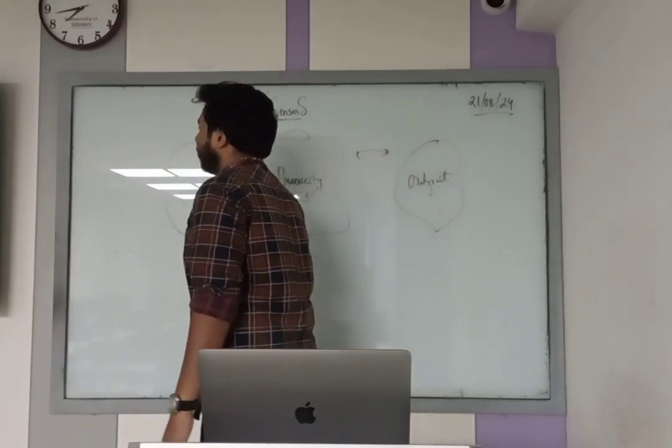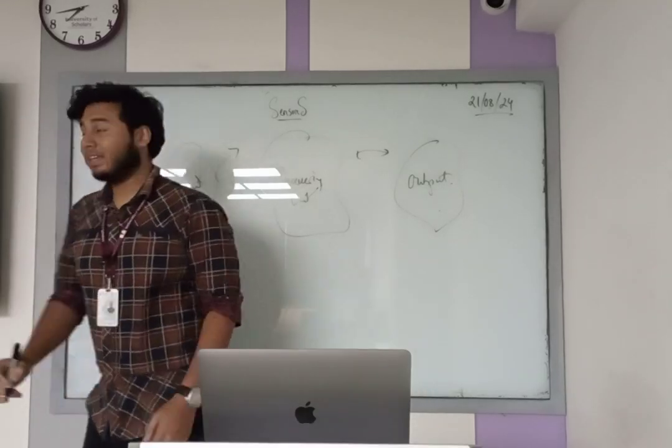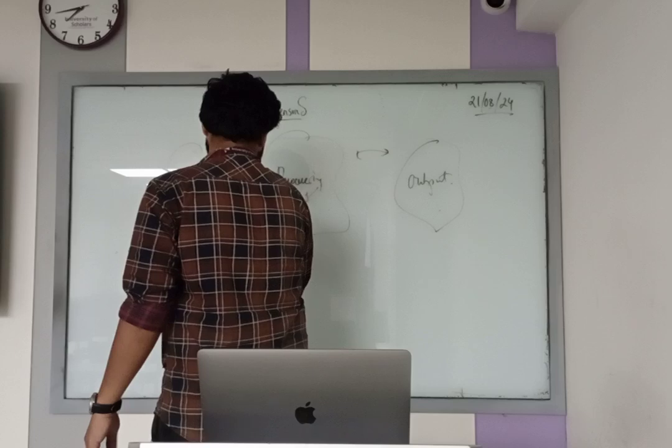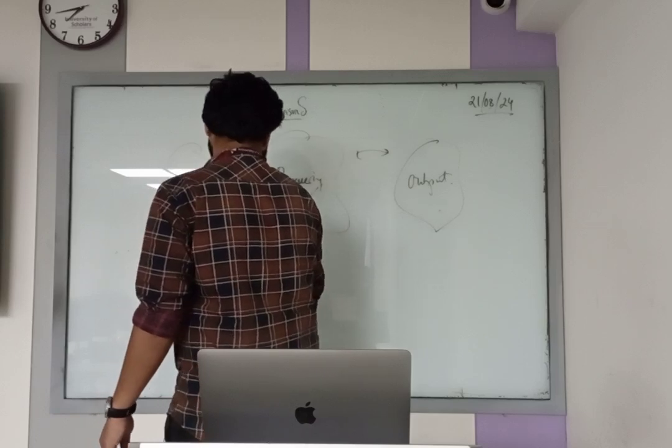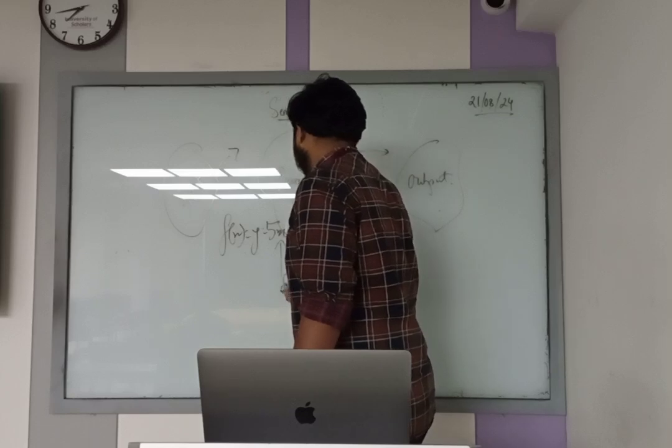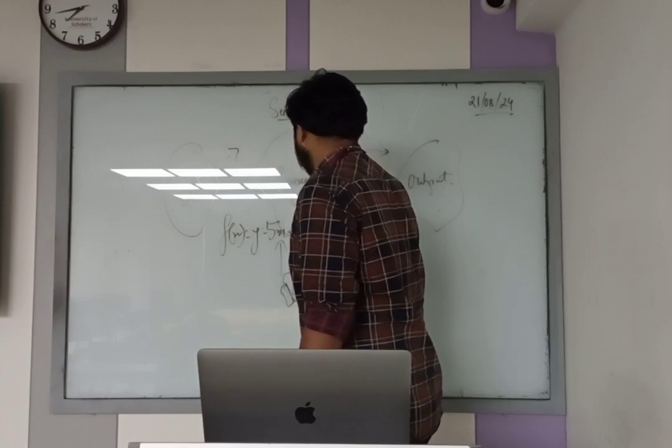So what is an input? Like if I say f(x) = y = 5x + 3, then I can put the value of x as any real number or any natural number.